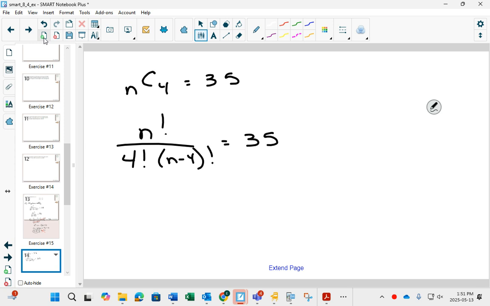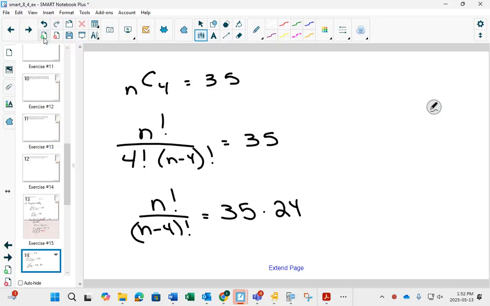I'm going to multiply both sides by the 4 factorial. Are you okay that 4 factorial is 24? So I'm going to just write 24. I'm not actually going to multiply 35 times 24 because I don't know what the answer is without my calculator. But I'll leave it as 35 times 24.